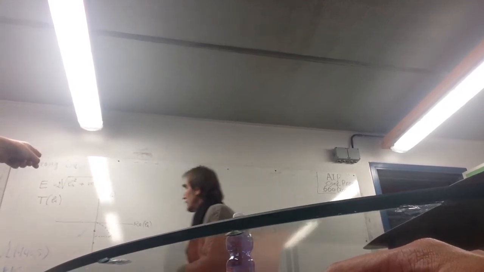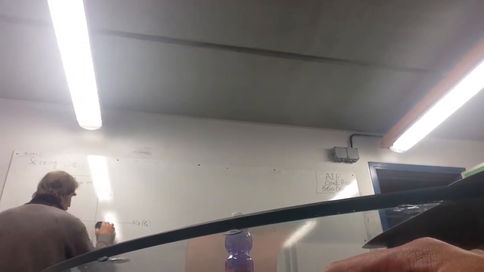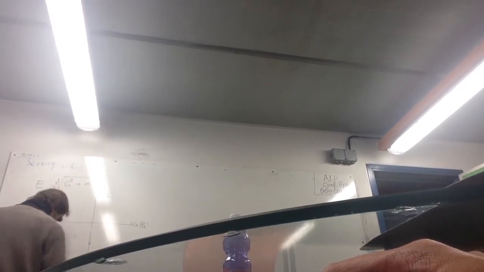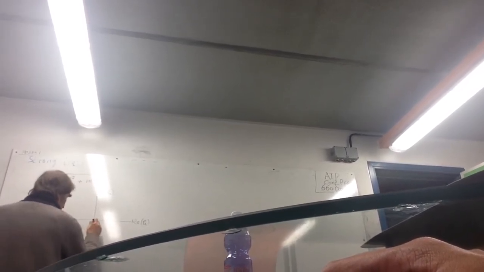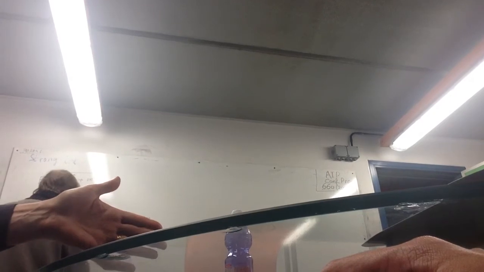A resonance has a positive real part and a negative imaginary part. That's the important point. A negative imaginary part, that's the resonance. Now, if the real part of k becomes zero and the imaginary part is negative, that corresponds to a virtual bound state.